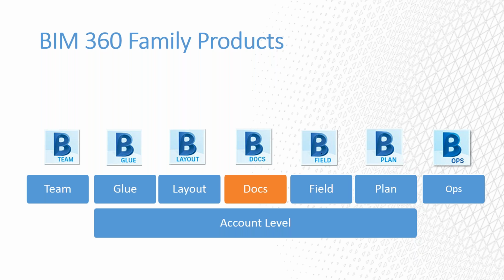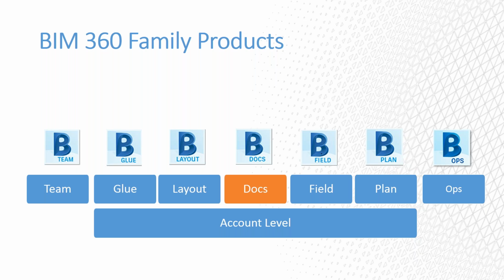We also have BIM 360 Glue, which is for coordination, clash coordination, and we also have Layout, which is built on top of Glue. We also released Docs last year, and this is one of the main things that we'll be talking about today. This is document management.